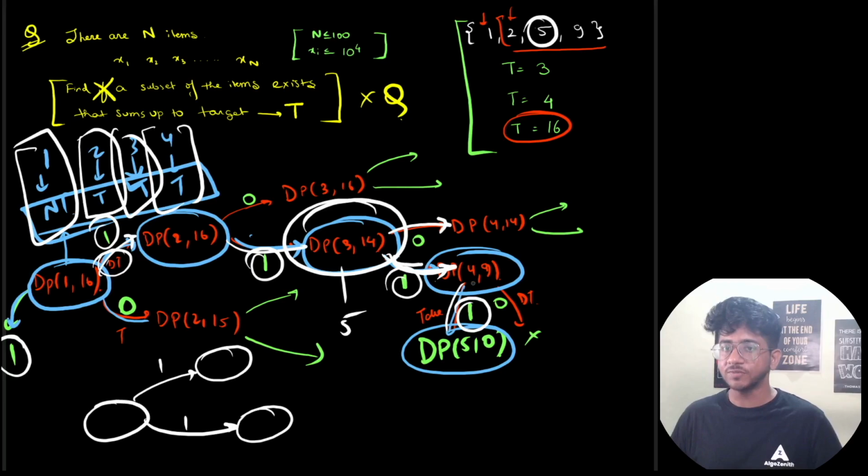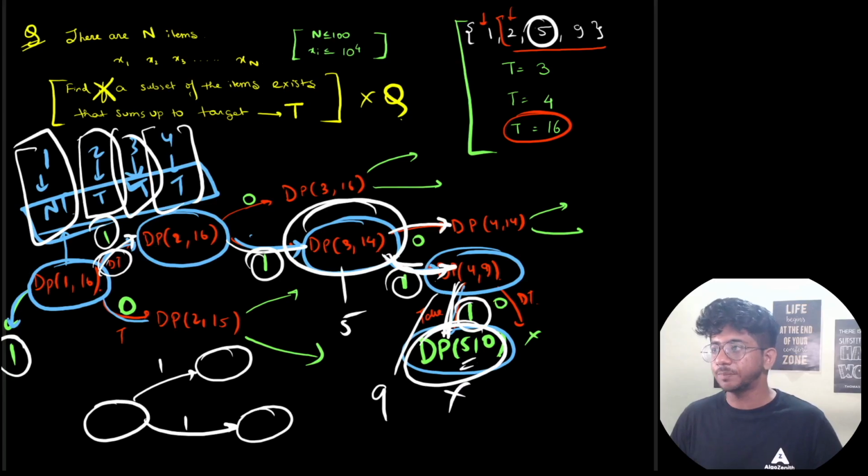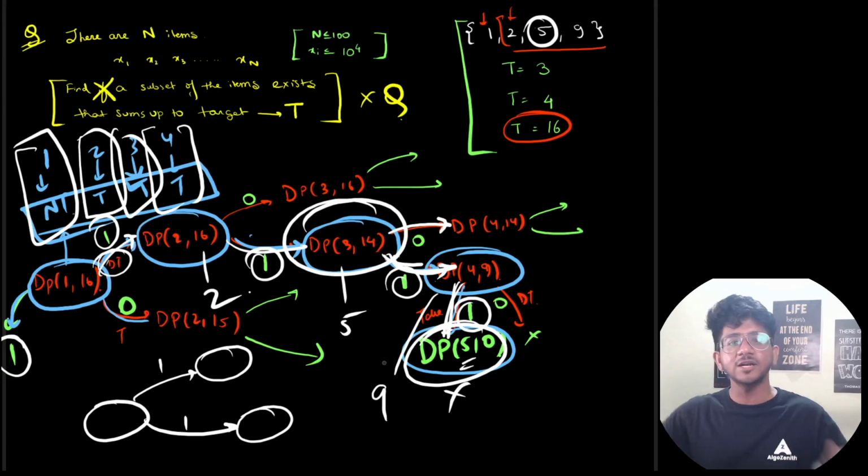So it will print the solution thereafter. At 4 comma 9, it's again 1 this side. So it will print 9, and it will then go over here. This is the base case, n equal to 5, we will stop. So the way it will work is, it will not print 1, it will print 2 over here, it will print 5 over here, it will print 9 over here, and you will get the set in your code. Okay. So that's how you can find out the set if you want to.